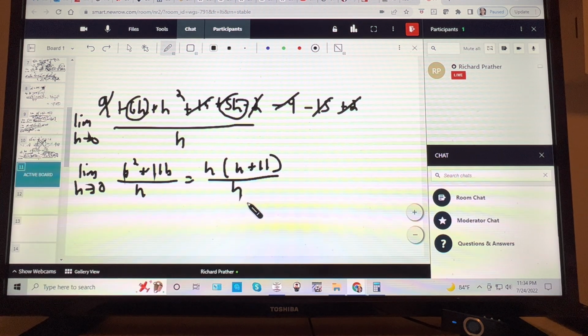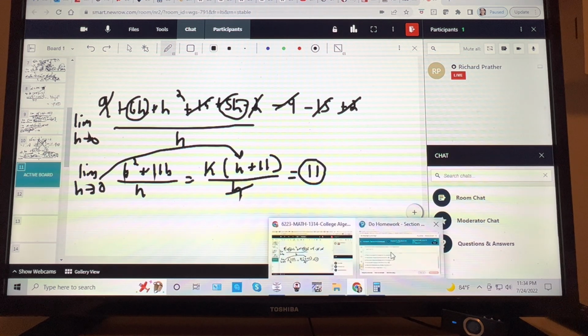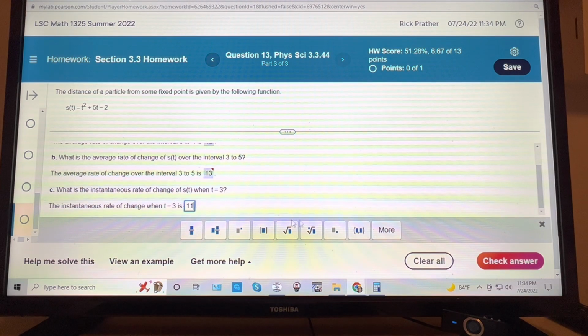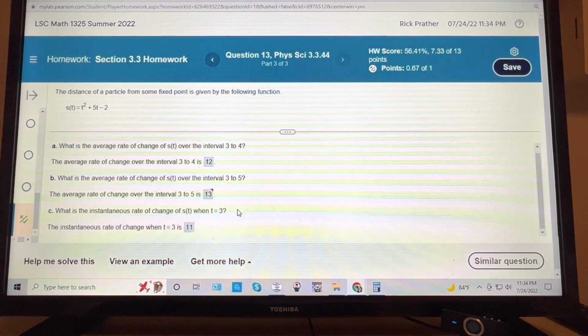So you don't need the full GCF, just h really. That'll cancel this. Now you can plug 0 in. So the instantaneous rate of change of that particle is 11 right at that moment, or its velocity is another way of thinking about it. So 11 is the instantaneous rate of change, or velocity. And then, yeah, okay, that's it.